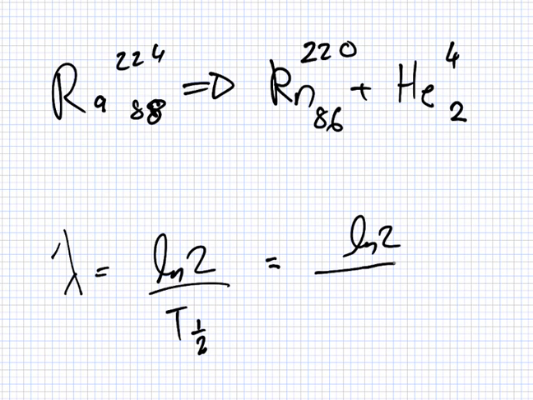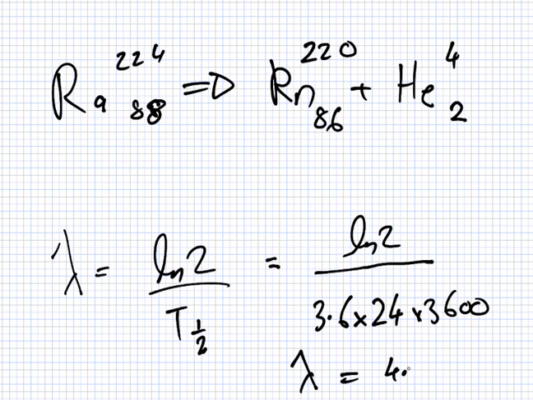And the half-life is 3.6 days. So what do we get here for the decay constant? 2.23 times 10 to the minus 6.